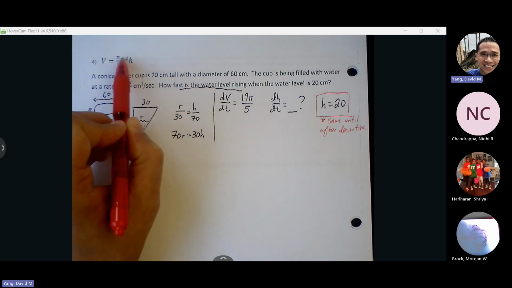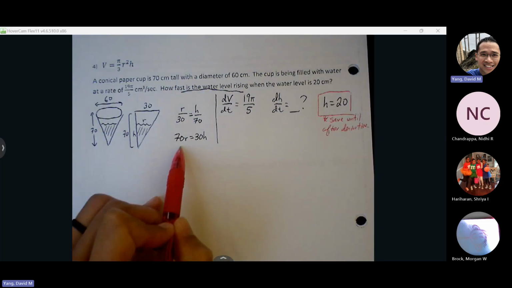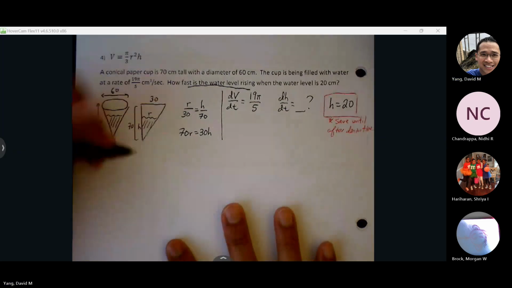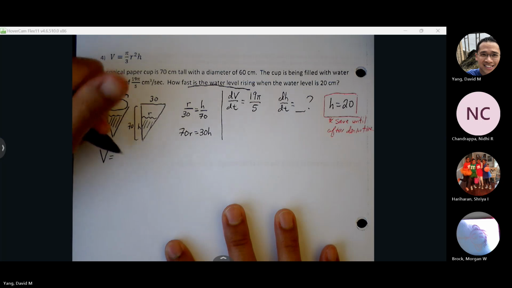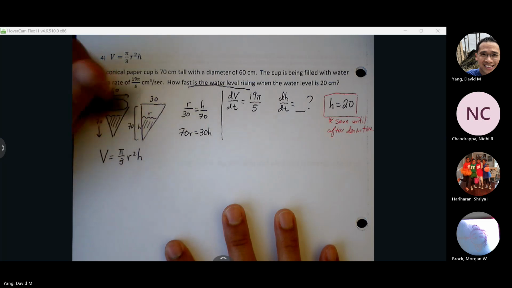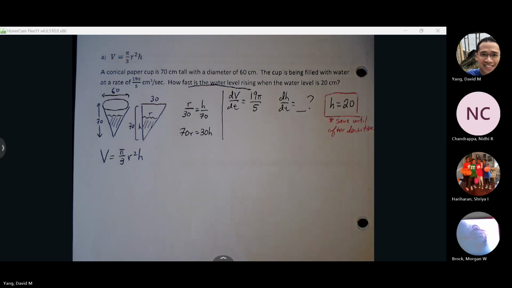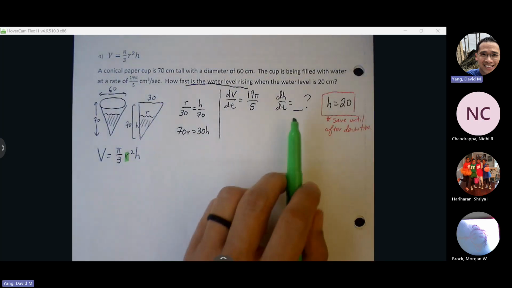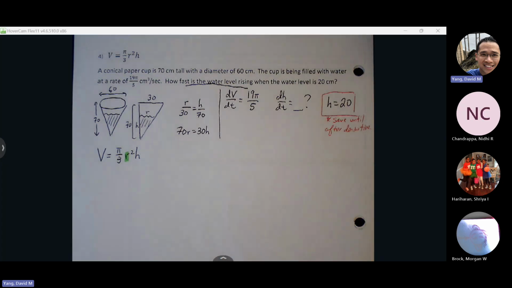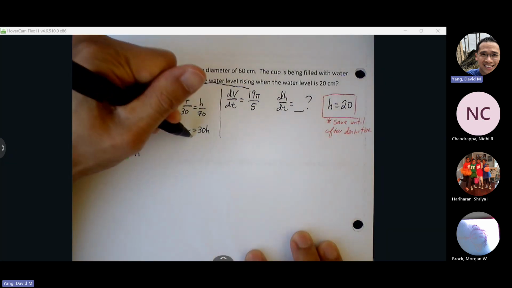So if I want my R variable to go away, I want to solve for R so I can find a replacement for R. Again, we're looking for dH/dt, so that's a big hint. We would like the radius to go away, so I'm going to solve for R.